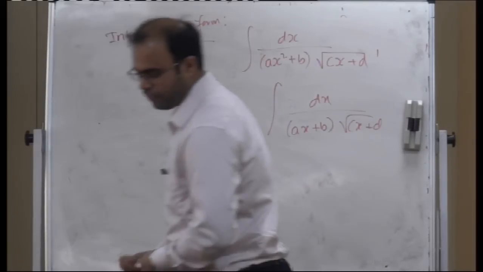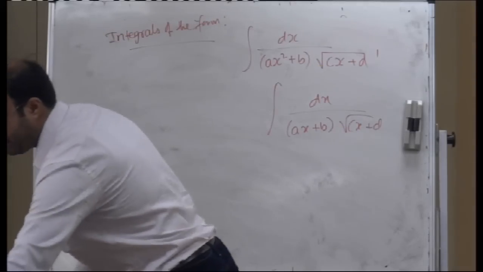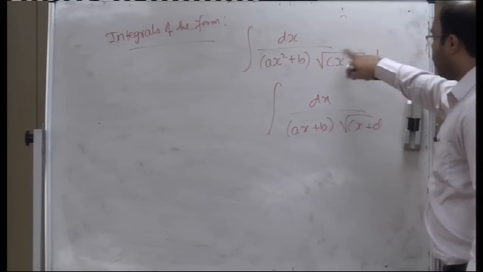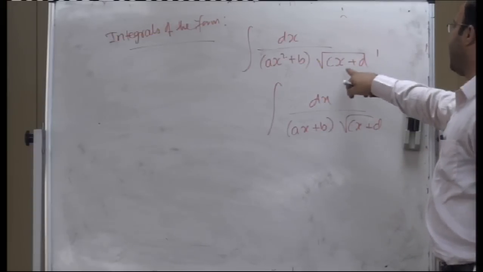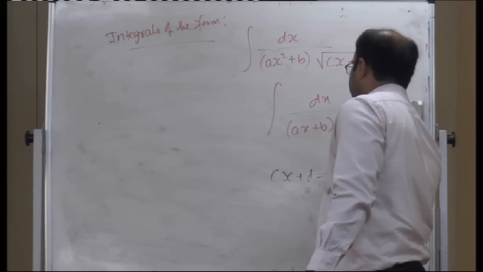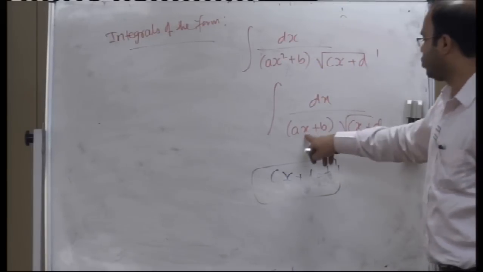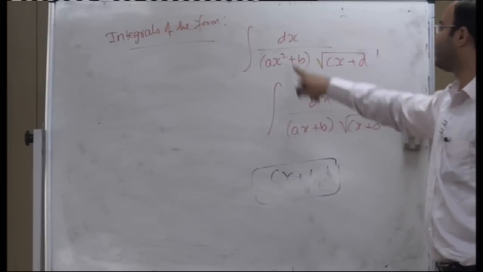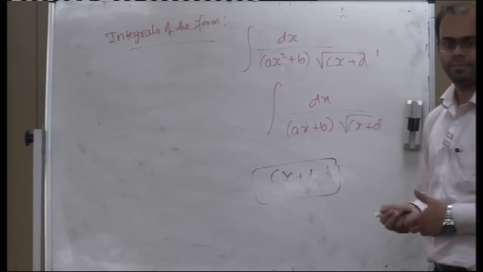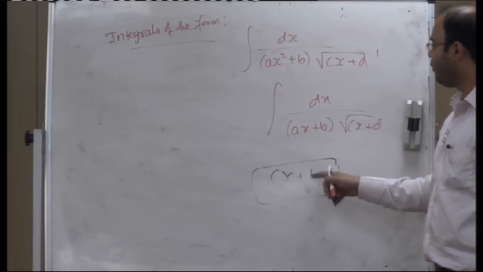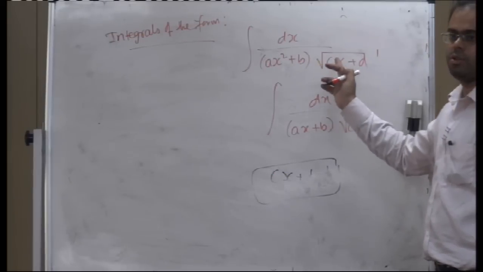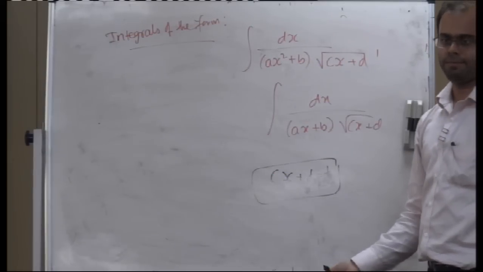These 2 forms of integral you can solve by doing this substitution: the quantity which is inside the root, cx plus d, you can substitute as some variable t. Then similarly x you will have to substitute here also. If the question is this, then you have to substitute x here also, and you can find dx as dt. So this is another form where you have to do this substitution. The quantity inside the under root, you have to substitute as t.